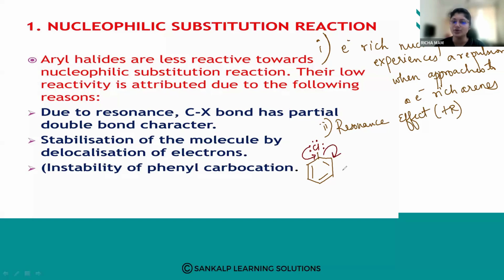It will undergo partial bond formation, and the charge moves, so you get a positive charge on the chlorine and a negative charge on the ring, which will be resonance stabilized.